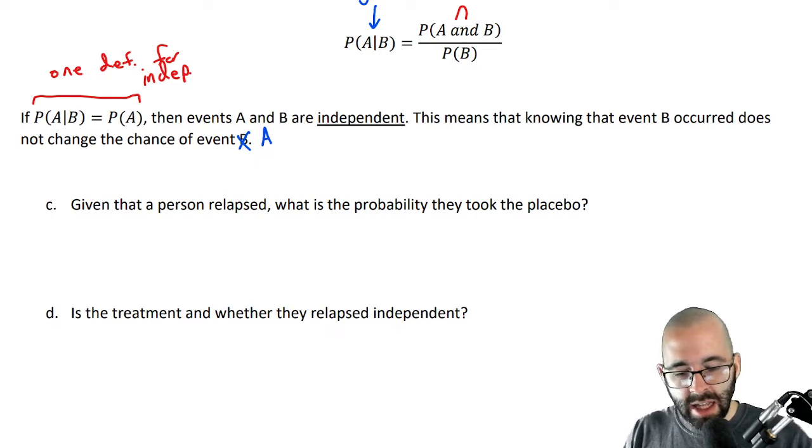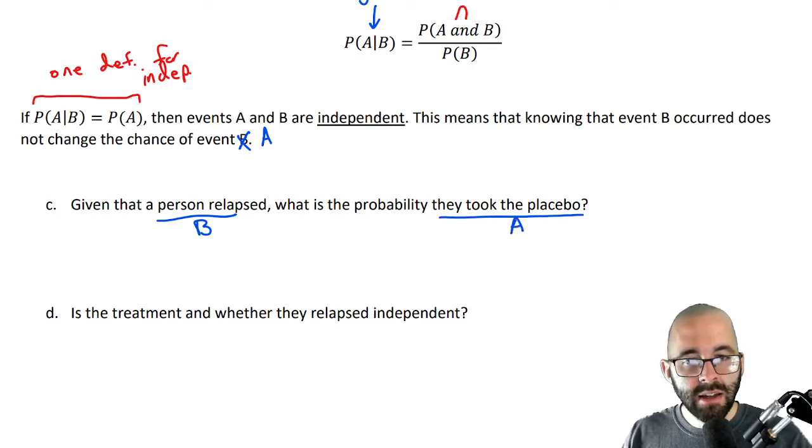Given that a person relapsed, what's the probability that they took the placebo? So given that they relapsed, let's call that B. What's the probability that they took the placebo? That's going to be A. Let's use this formula.